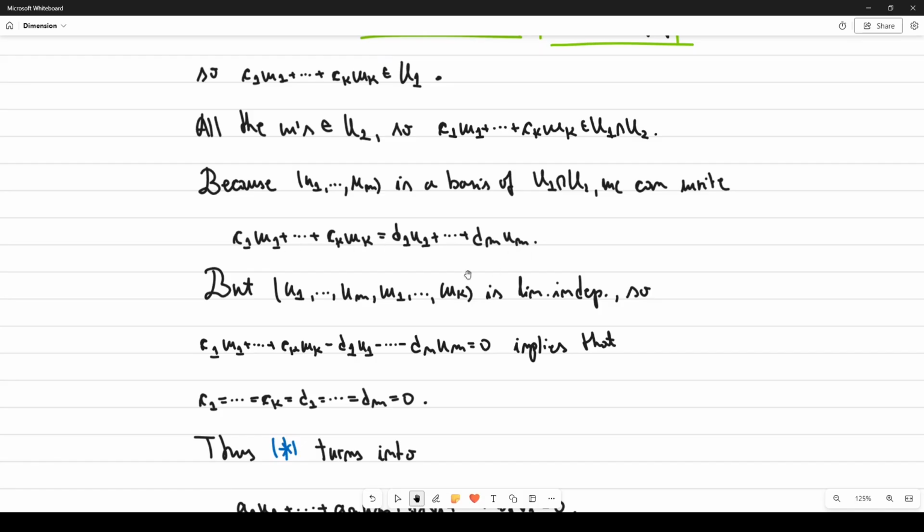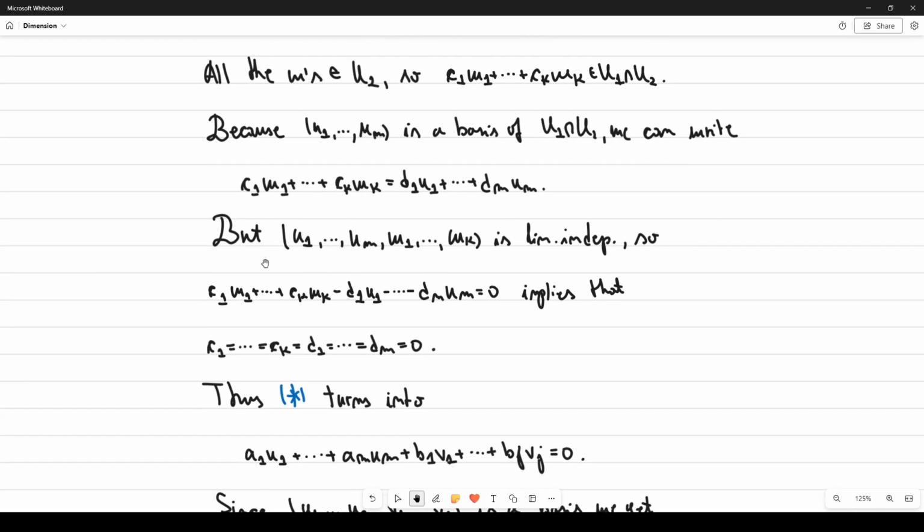So we have this. And now, since this list is some basis of one of the subspaces, it is linearly independent. So we have that this equals 0 implies that all of these scalars are 0.